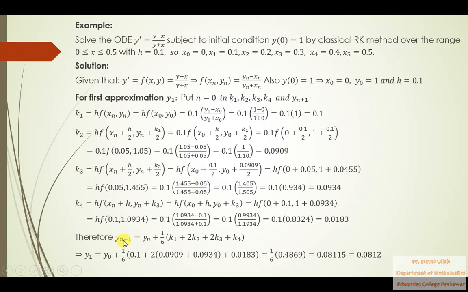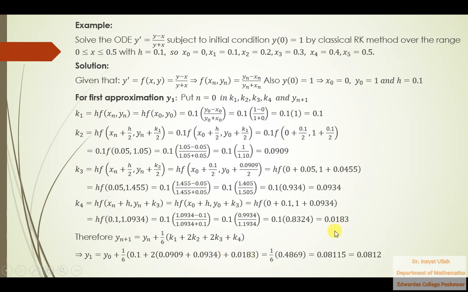So therefore yn plus 1 is this thing, and whenever n is equal to 0, we'll get y1, that will become y naught plus 1 by 6, k1 is obtained from here, that is 0.1, so that is k1 plus 2 times, 2 is common in these two so we have taken 2 common, then k2, which is obtained here, that is k2 plus k3, that is k3 plus k4.